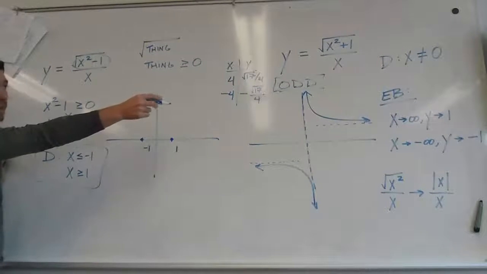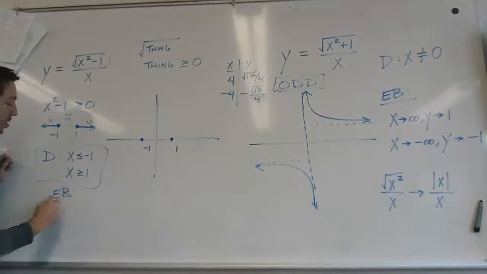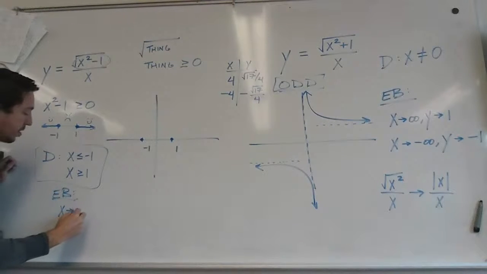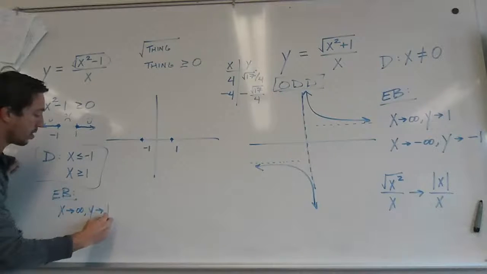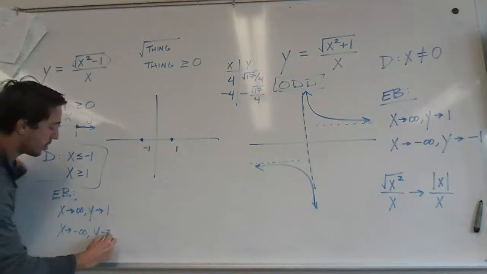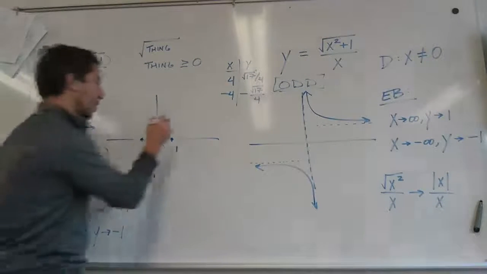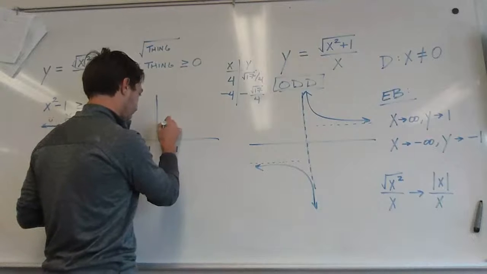The end behavior is the same as this one. So end behavior would be as x approaches infinity, y approaches 1. All right. Can you visualize it? Yes.